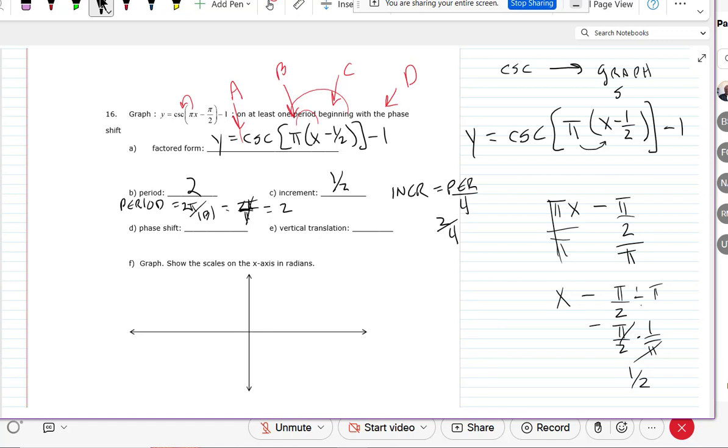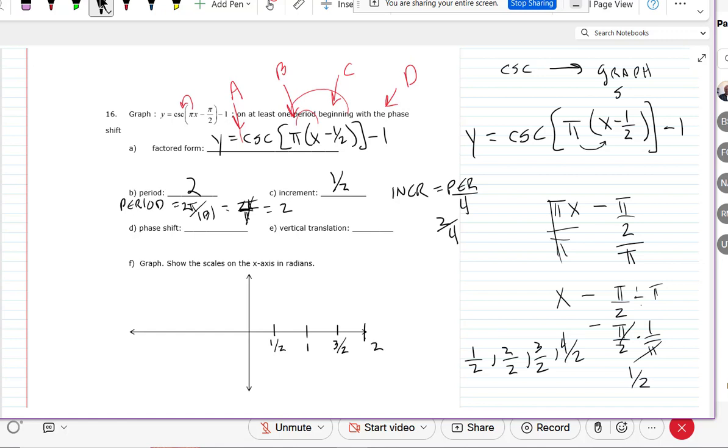And going through the increment to me is the most important part of this problem. Because this is going to tell you where all your key points are. So we just count by a half. We go a half, 2 halves, 3 halves, 4 halves, and reduce fractions as you go. So that's a half, 1, 3 halves, and then 2.